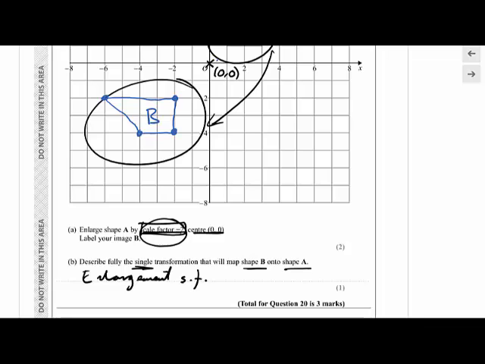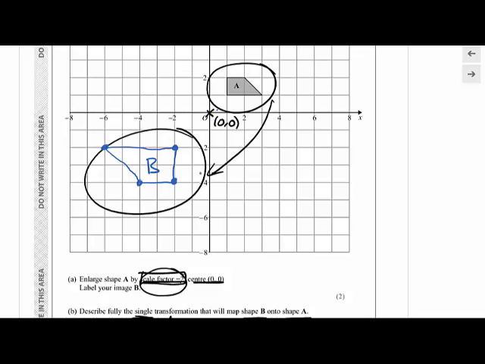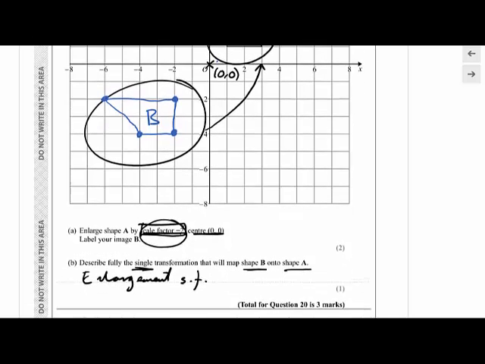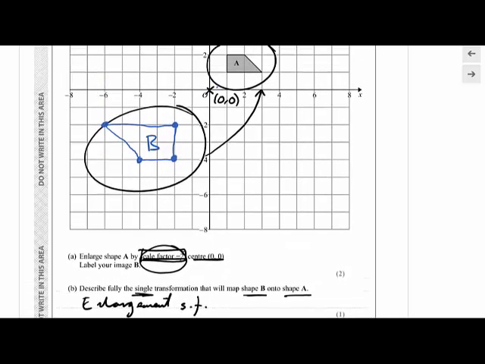Well, if it's -2 to turn A into B, then if we go back the other way, we're going to have to multiply by -1/2, aren't we? Because we're making it -2 times bigger to go from A to B. So to go from B to A, we multiply by -1/2, so -0.5. Don't forget the centre. It's still the same, so centre 0, 0. Okay, cool.